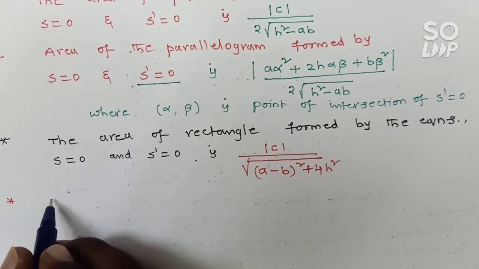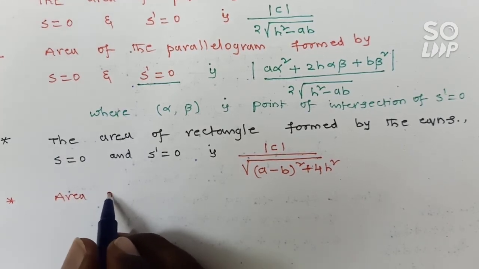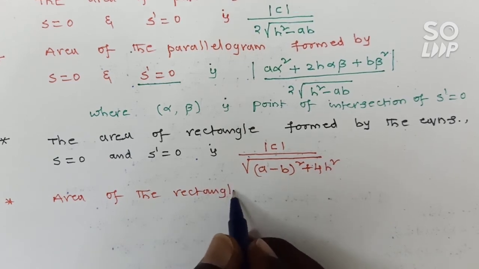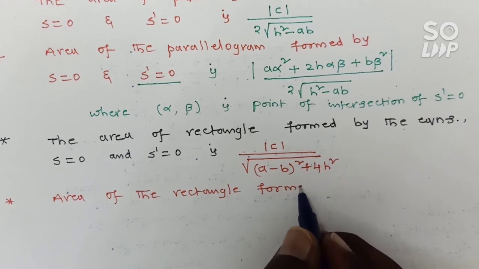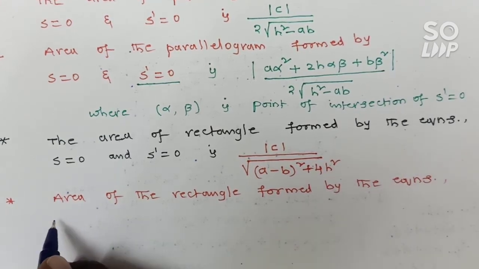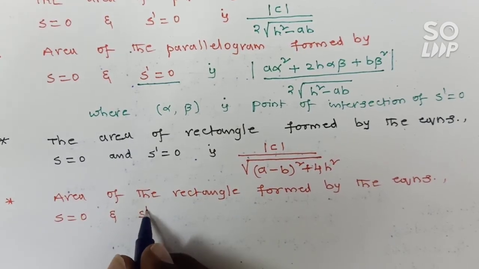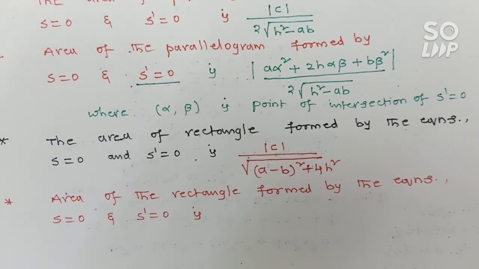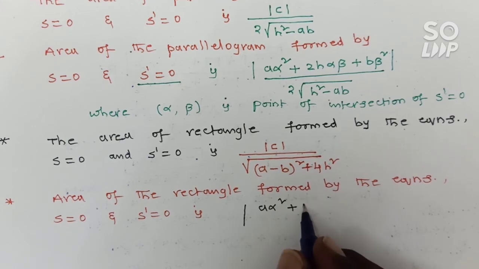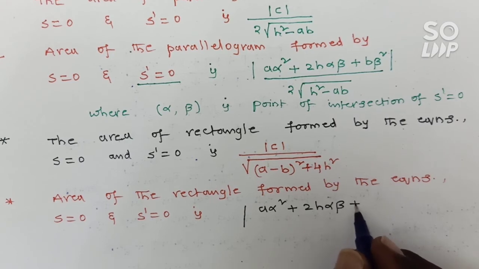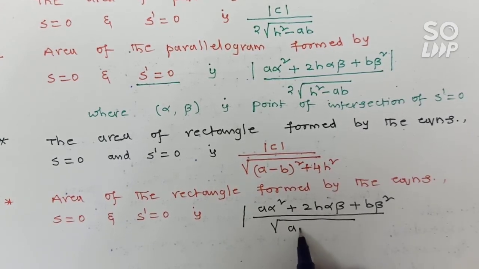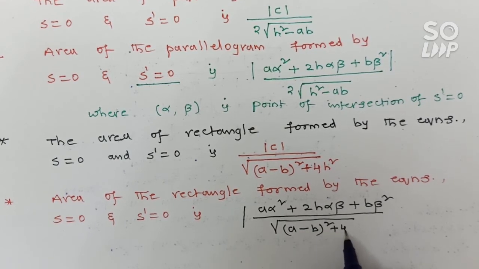See this one: the area of the rectangle formed by the equations S equals 0 and S dash equals 0 is modulus of a into alpha square plus 2h into alpha into beta plus b into beta square whole divided by root of (a minus b) whole square plus 4 into h square.